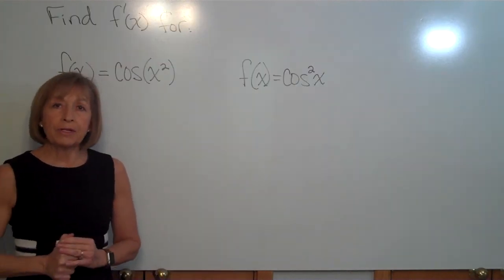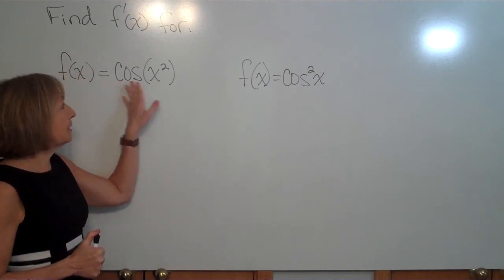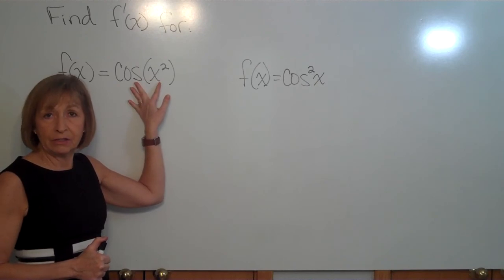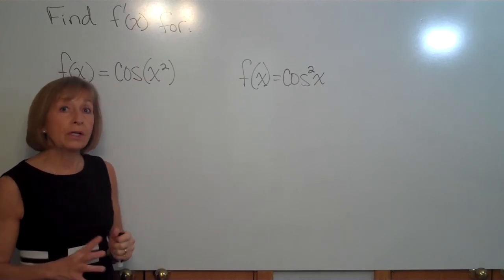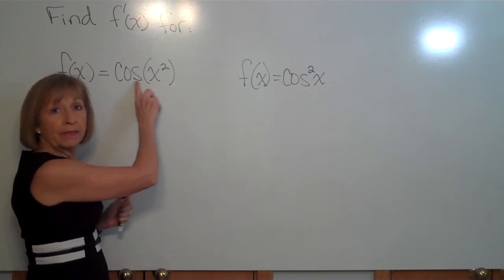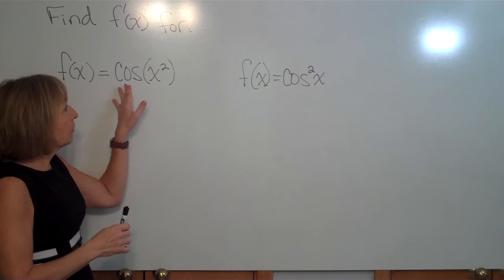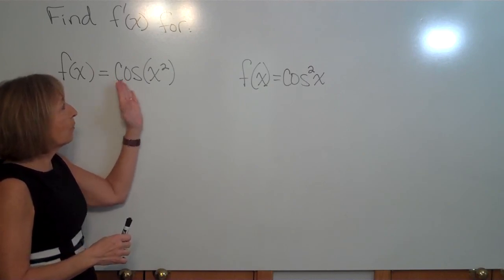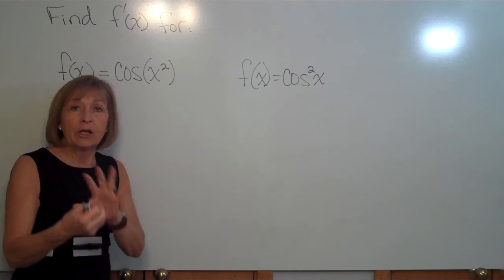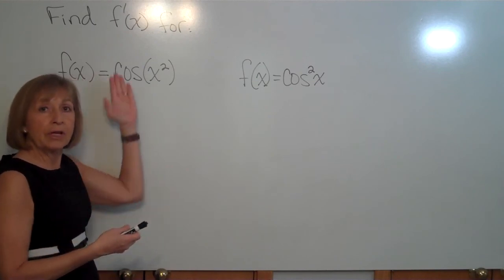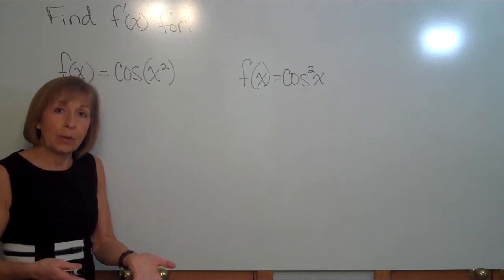To start, I'm going to work with these two examples. The first one is f of x equals cosine of x squared. A lot of times parentheses will be around the argument that cosine is acting on. Normally we would have cosine of just x, but here I have cosine of x squared, cosine of the function x squared.